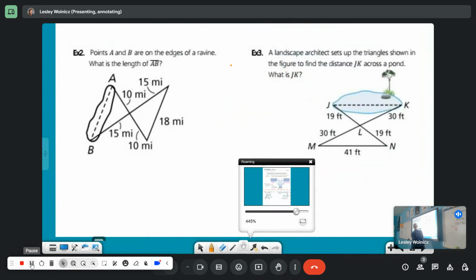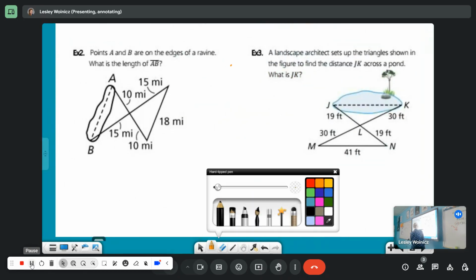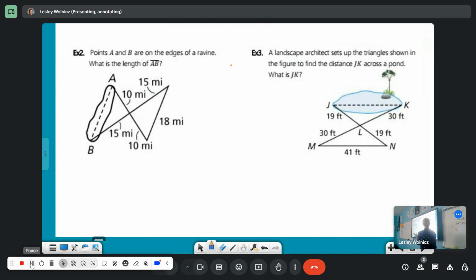So why is this beneficial? Well, we can use it in problems like these. Points A and B are on the edges of a ravine. You might not be able to stand there because the edge might have fallen away, but we still want to know the length of AB.